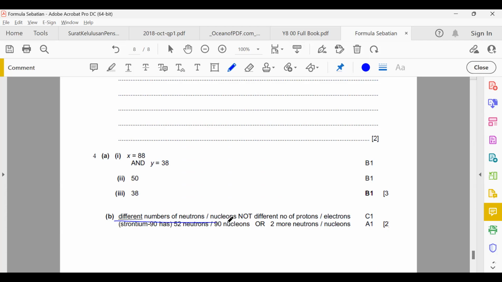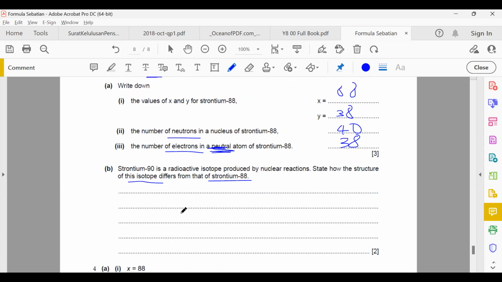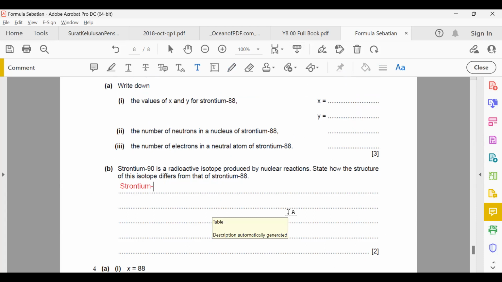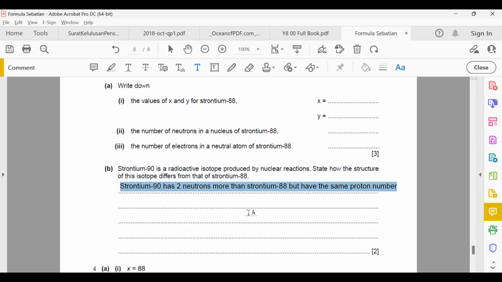We just have to mention that they have a different number of neutrons, or to be more specific, strontium-90 has 2 more neutrons than strontium-88. Just writing this is good enough.